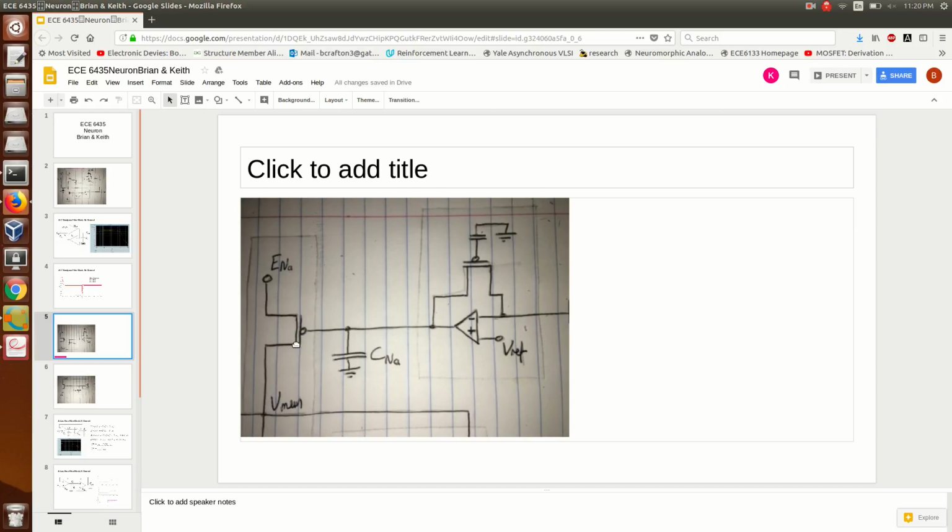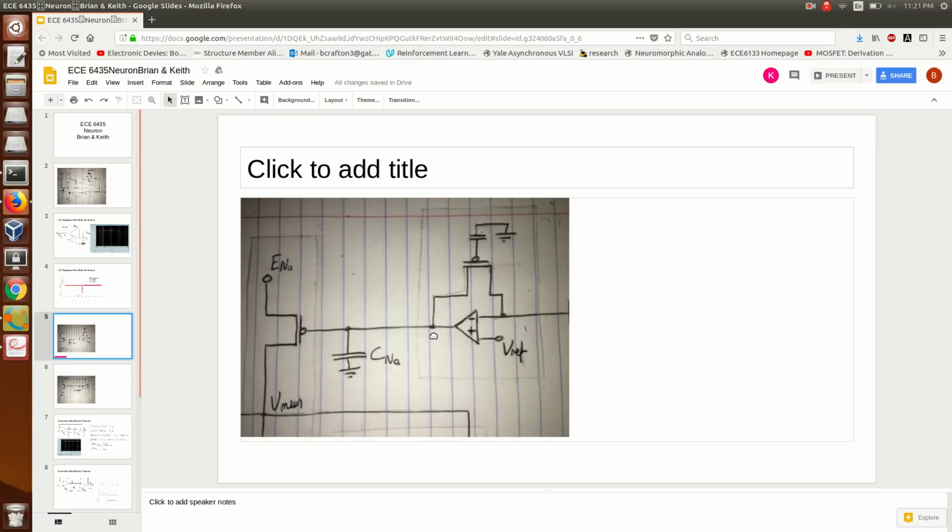So the gate voltage of the PFET decreases, and this creates the sodium channel here. The effect of that is that VMEM increases towards ENA, the sodium voltage here.